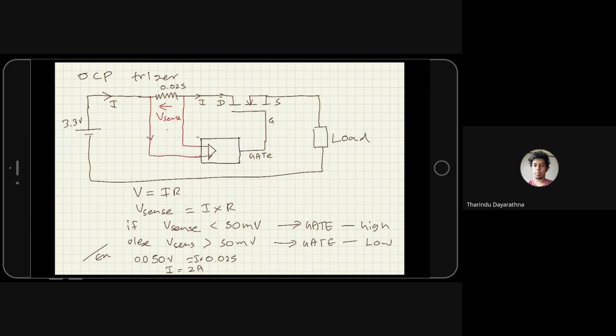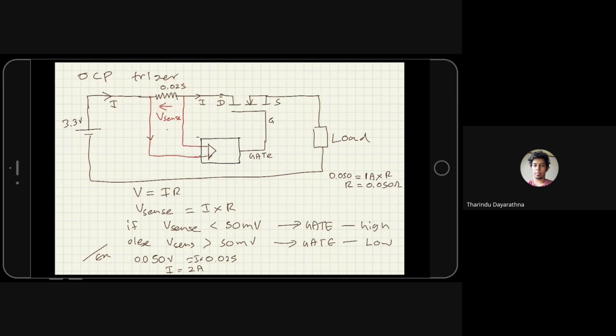So V sense, you always know, is 0.05, and let's say you want 1 ampere OCP triggering. Then you have to calculate the R value. R will be 0.05 ohm. If you put 0.05 ohm here, you change the circuit to 1 ampere OCP triggering.